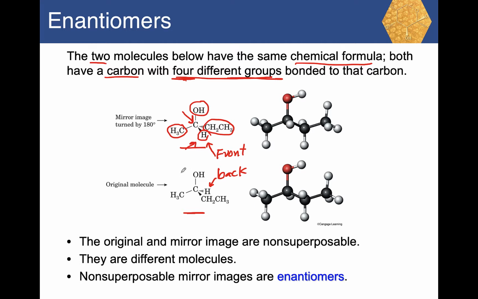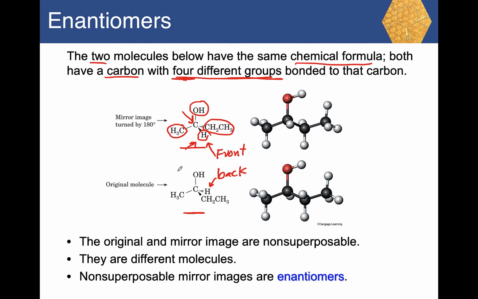So the question now is, are they superimposable on itself? We showed the last time that it's possible to visually take these molecules up and orient them, and if they are superimposable, they are the same. If they're non-superimposable, they are different, and there's a special name for that difference, and that's enantiomers.